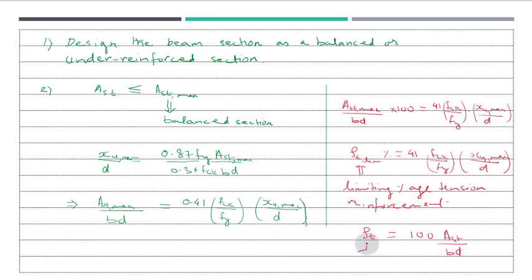This rho T is defined as percentage tension reinforcement because as we proceed in this course, there will be a possibility that you are going to come across this percentage tension reinforcement also. So that is why you should know this rho T is your percentage tension reinforcement, which is given as 100 Ast by bd.